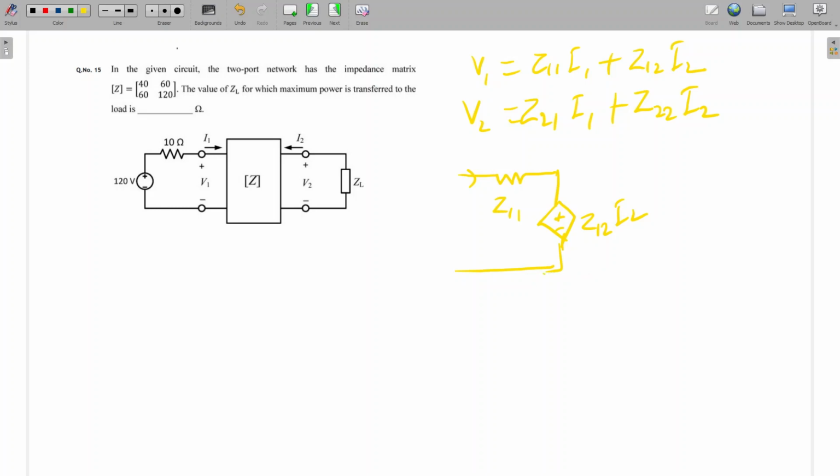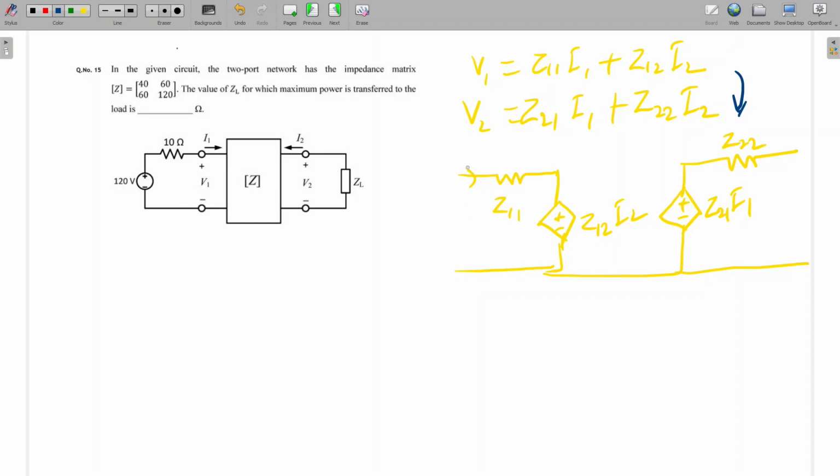This will be port 1, and what will be port 2? Here it will be plus, here it will be minus. So Z21 I1, and here Z22 I2. So this two-port equation we can write like this. Is it clear to all?